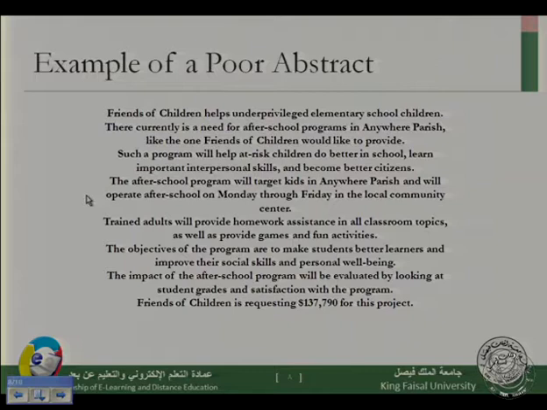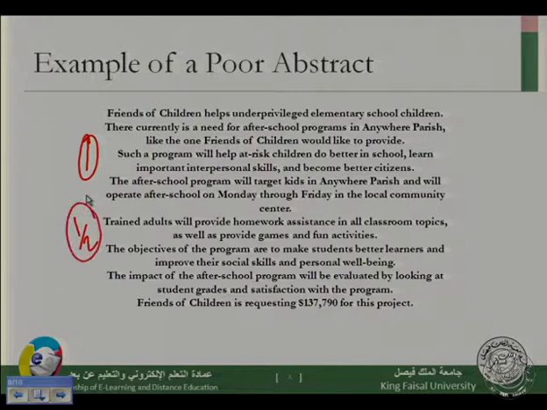So looking at student grades and satisfaction is just one way to see whether students really want this program or not. If they want it, well, there is a next step: how are you going to establish this program? So the methods here are missing. We don't have results. We don't have conclusion, implication. So we have about one component and a half.